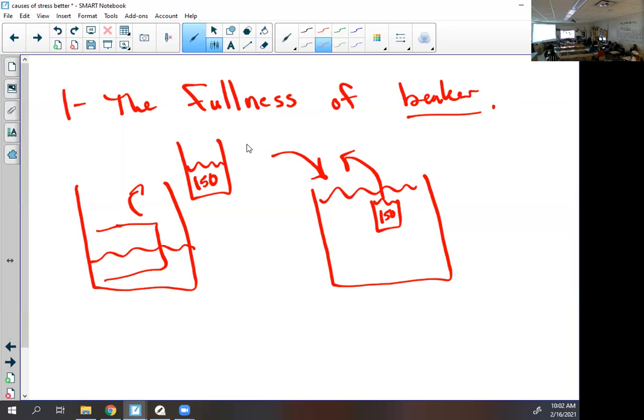So the rate of my forward, going this way, and my rate of reverse are equal. Okay, that's the whole trick. The amount of reactants got so low, the rate slowed, or the fullness of the beaker.